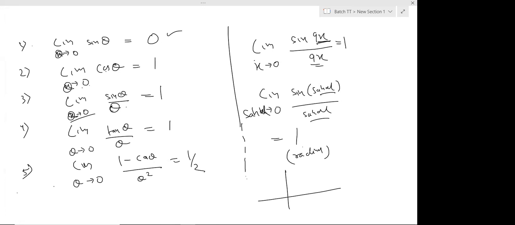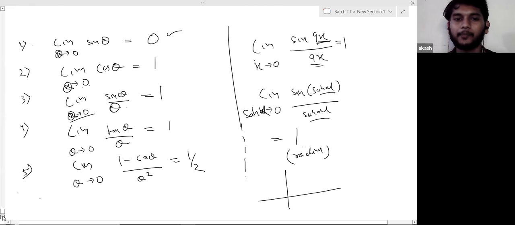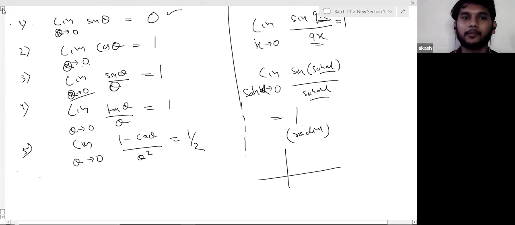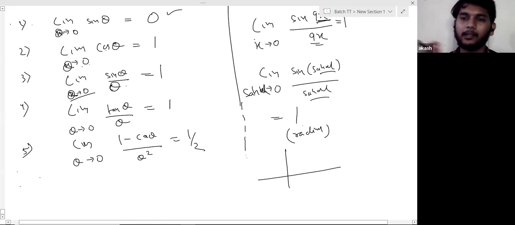Right, sir, got it. We are already behind a lot of syllabus, so we have to complete this. We cannot take 10-15 minutes for this, but please do get that. If you have any doubts in class 11 topics, we have all the recorded lectures. If you still have doubts in limits, you can get the limits video and get your doubts cleared.